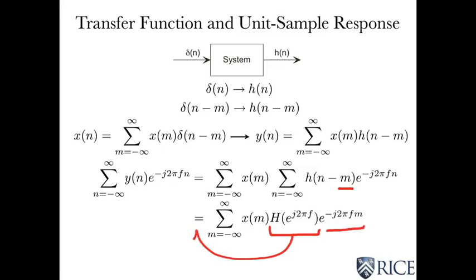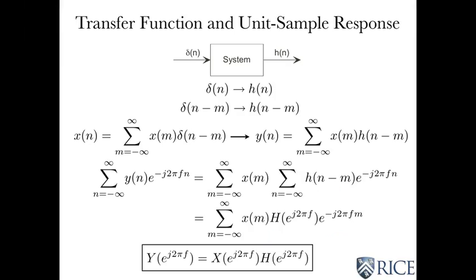If I pull this term out of the sum on m, it doesn't depend on m, I now see I've got the DTFT of the input. And I arrive at a very nice result, that the DTFT of the output equals the DTFT of the input times the transfer function.